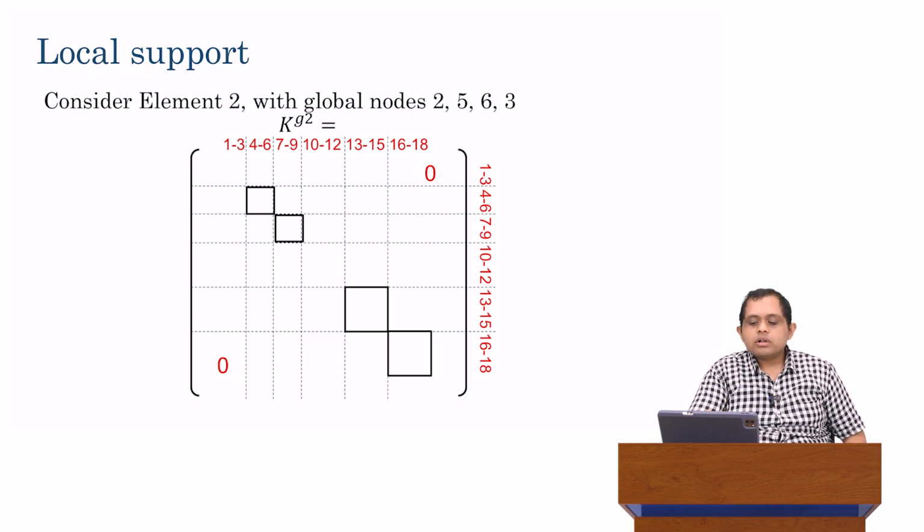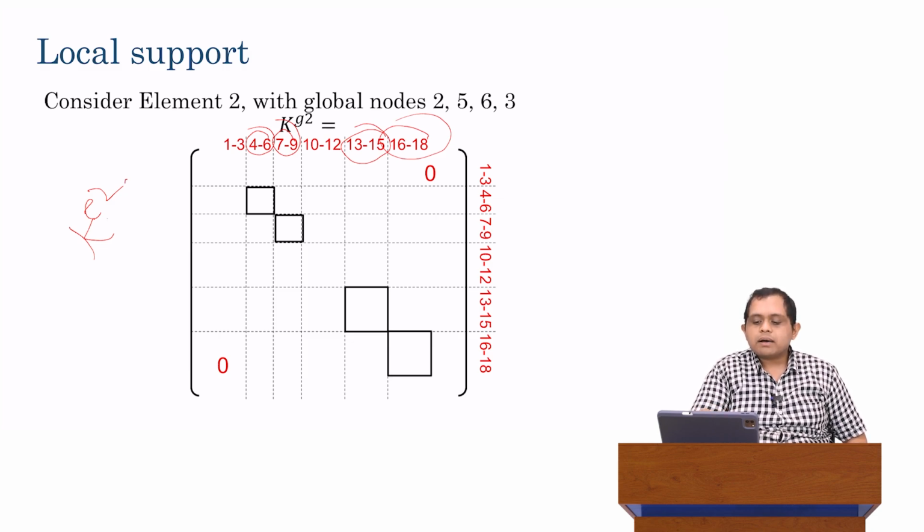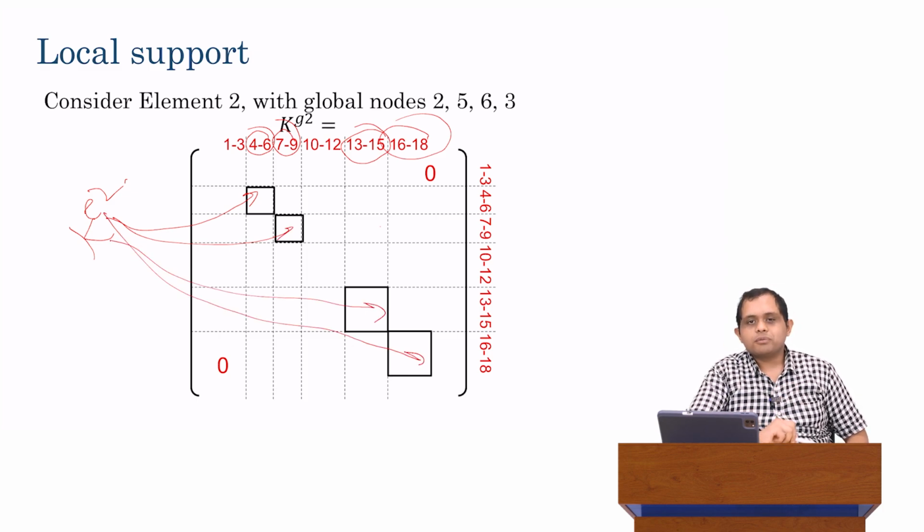So, element 2 has degrees of freedom 4, 5, 6, 7, 8, 9. It has degrees of freedom 13, 14, 15, 16, 17, 18. So what we do here is we end up cutting up our KE2, our local stiffness matrix for element 2, and putting it into these little boxes over here, surrounded by a sea of 0.